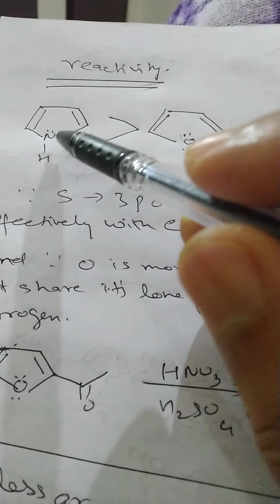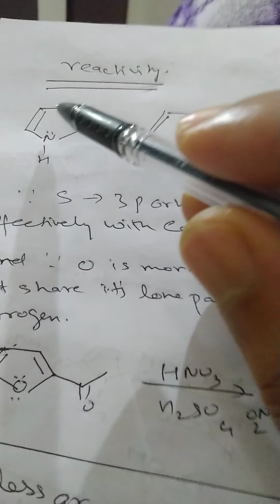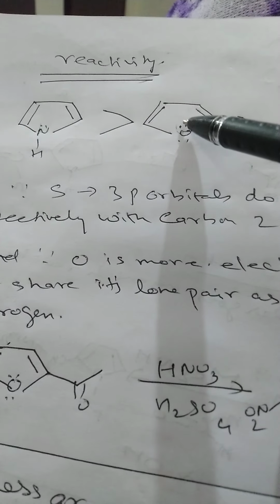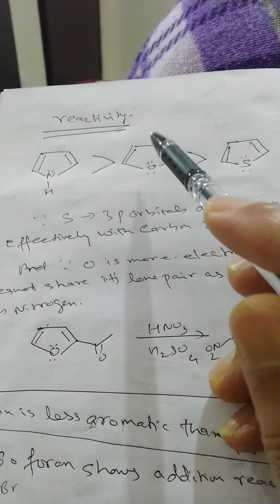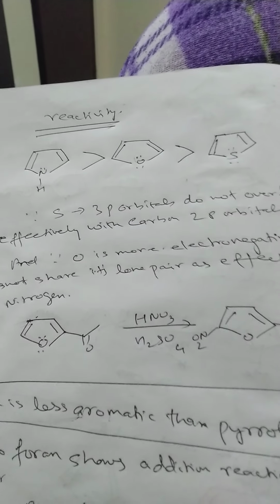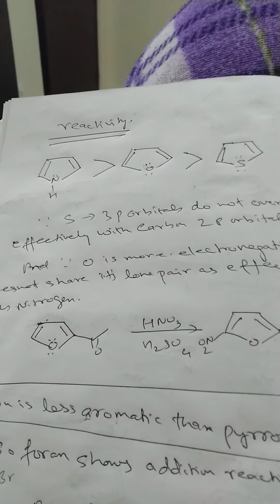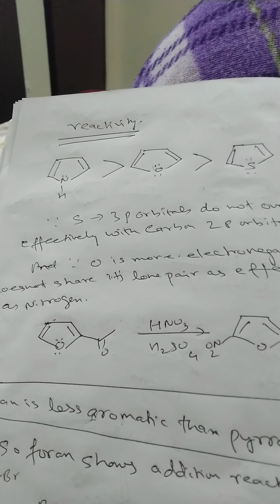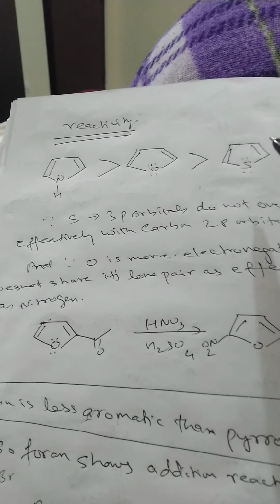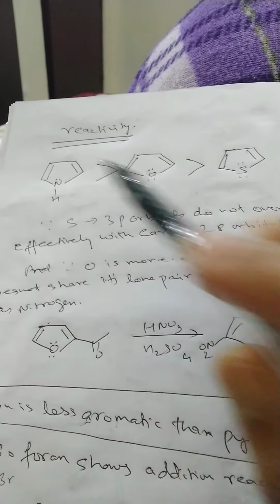and therefore the ring density on this is much more increased than this one. So if you see the reactivity, you will say that pyrrole is more reactive than furan than thiophene. Sometime back I said if it is less reactive, that means it is more aromatic, more stable. So you'll say that this is most aromatic, then this one, then this one.